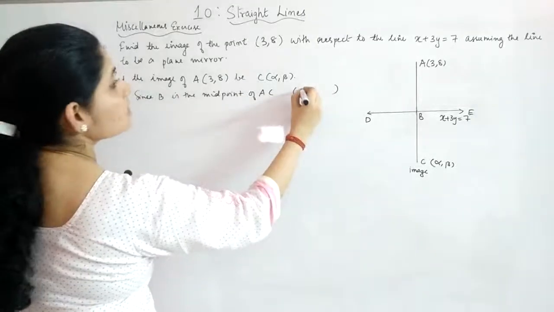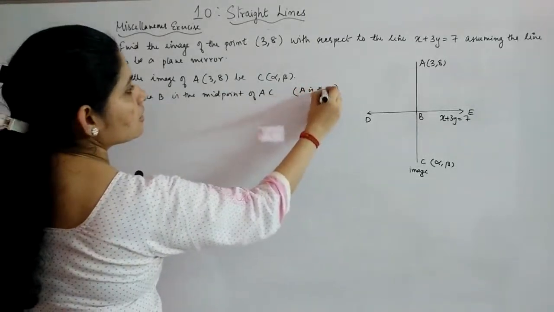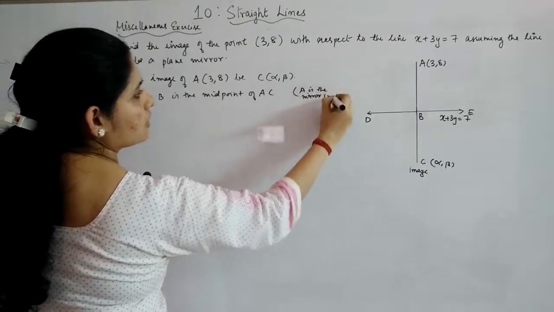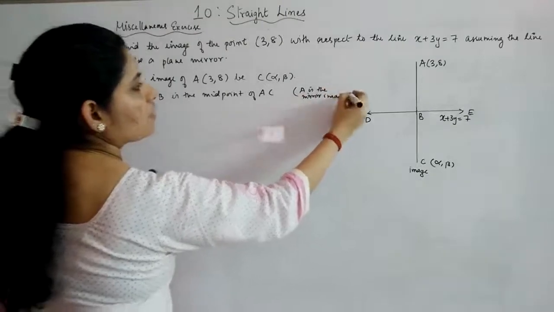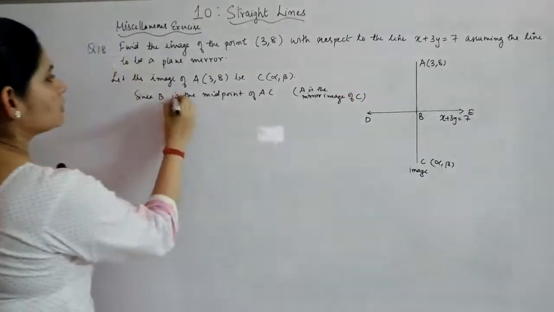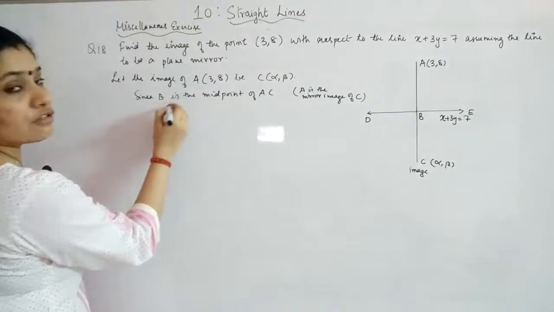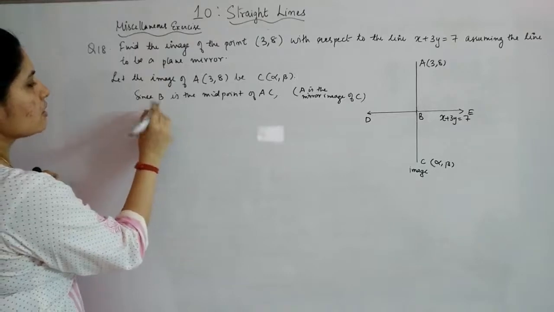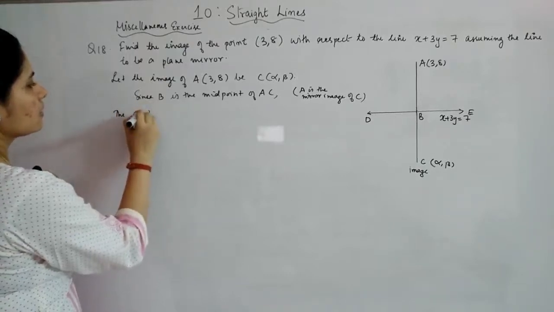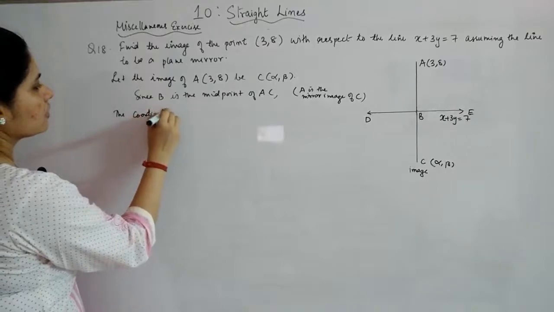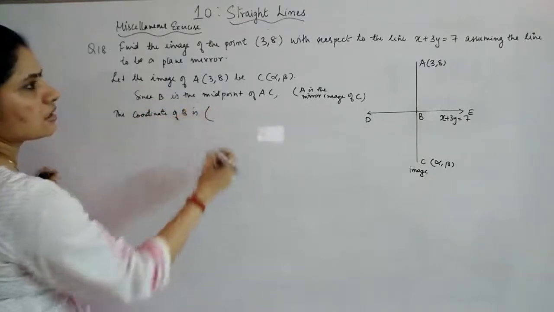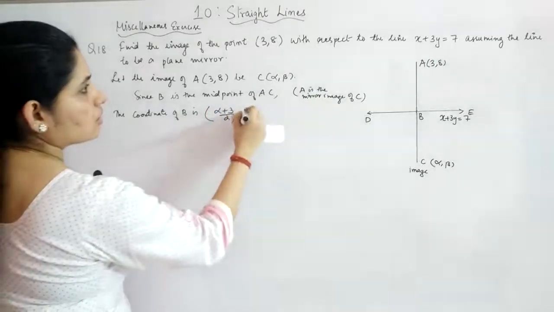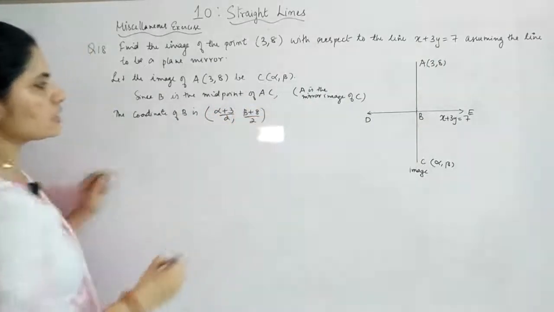Since A is the mirror image, you will say mirror image of C, or C is the mirror image of A. What you will get is the coordinate of B. Since B is the midpoint of AC, the coordinate of B is 3 plus alpha by 2 comma beta plus 8 by 2. This will be the coordinate of B.